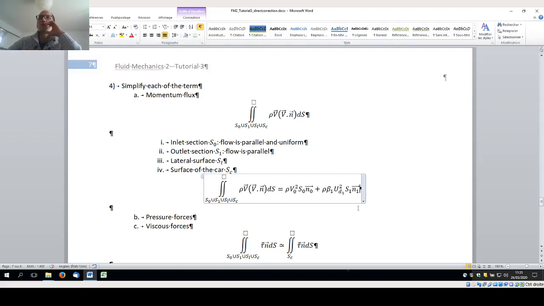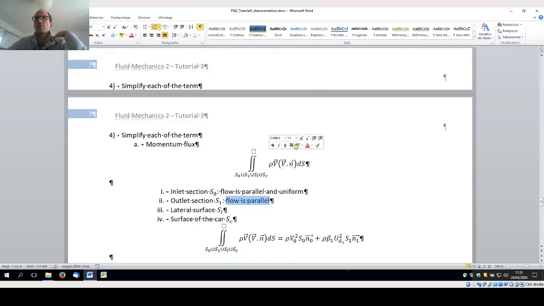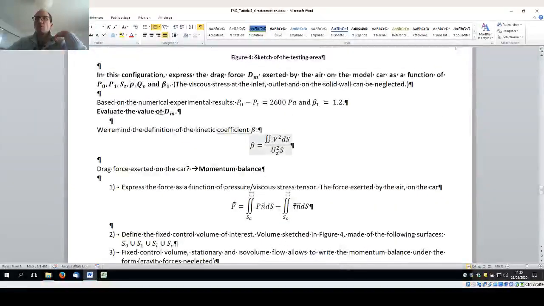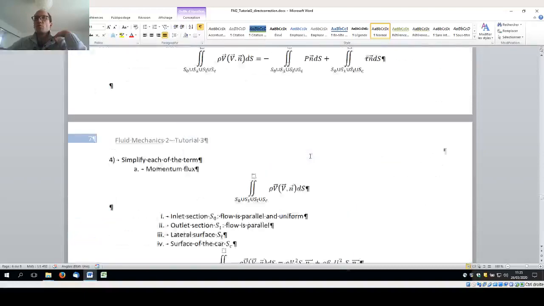So beta 1 relates the integral of the velocity square, since flow is parallel here, to the flow rate velocity ud square.